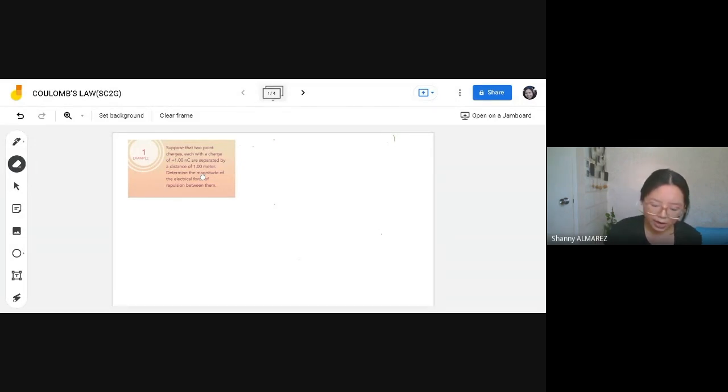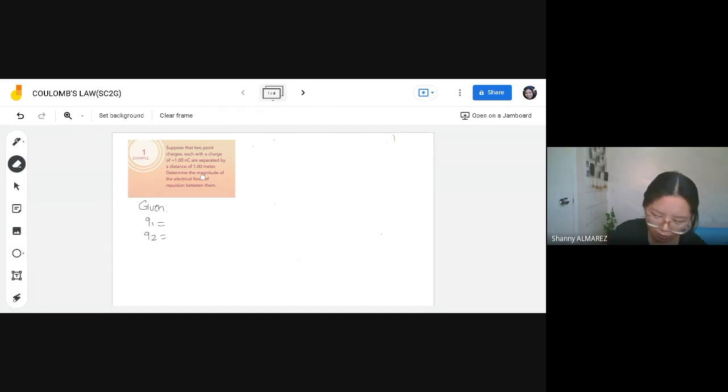The first step is to write the given so that you can already see ano ba yung mga kailangan kong bantayan. Okay? Ano ba yung mga kailangan kong i-convert kung meron man, para hindi ako malito mamaya. So our notations will be Q1 for the first charge, Q2 for the second charge. In here, we have 2-point charges now, each with a charge of 1 nanocoulomb. So, ibig sabihin, parehas sila ng charge.